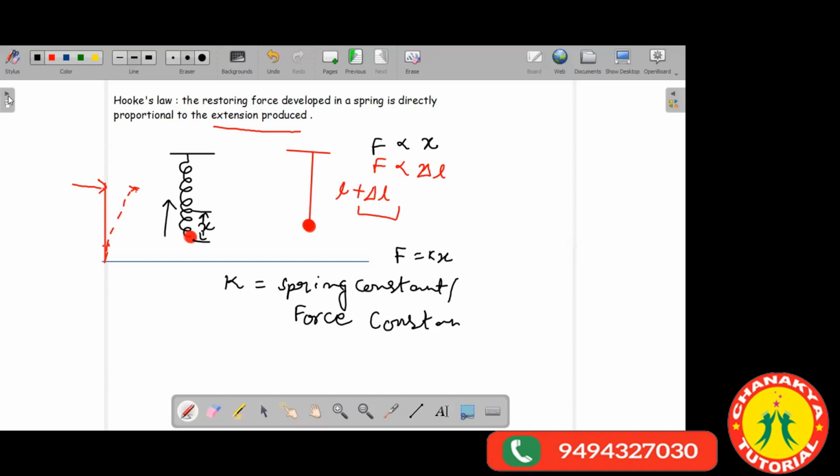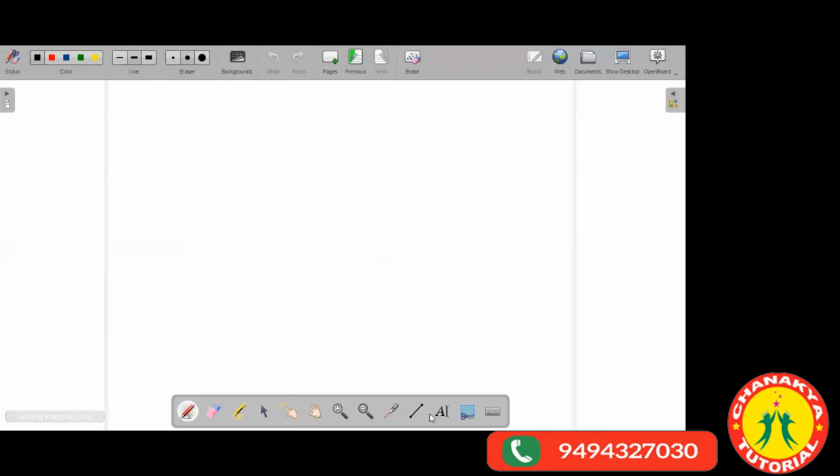So we had seen some questions which were based on Hooke's law. We will see one more question based on Hooke's law. Let's try to add one question here.